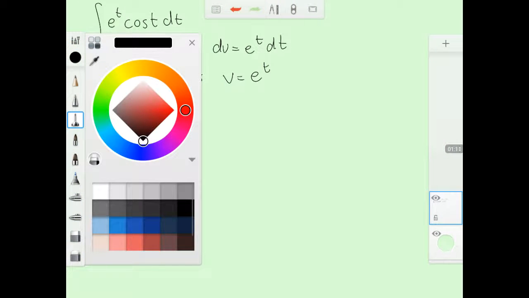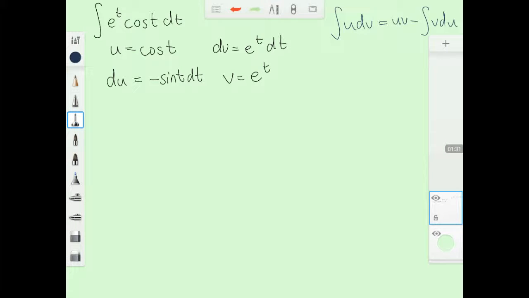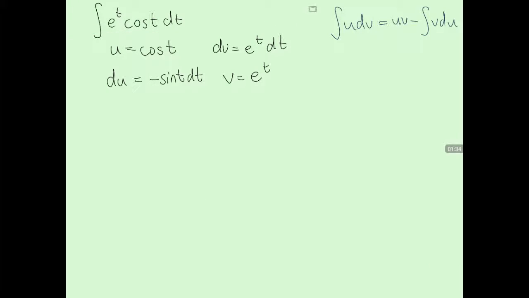And just as a reminder, we'll write down the formula for integration by parts again. If you have an integral in the form of u dv, then this is equal to uv minus the integral of v du. And hopefully this second integral is going to be easier than the original one.